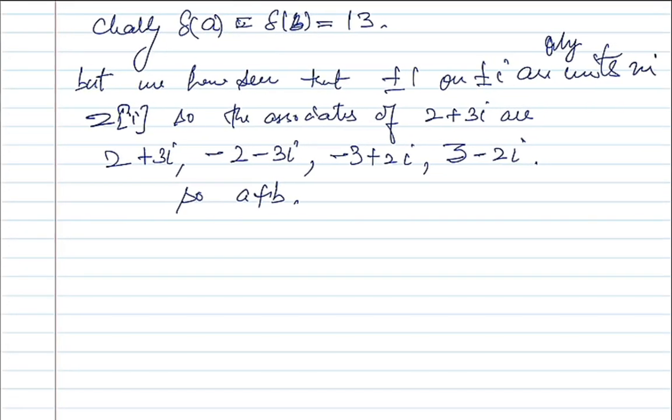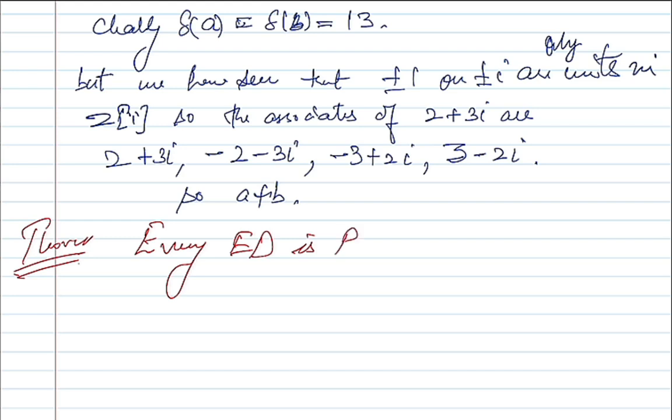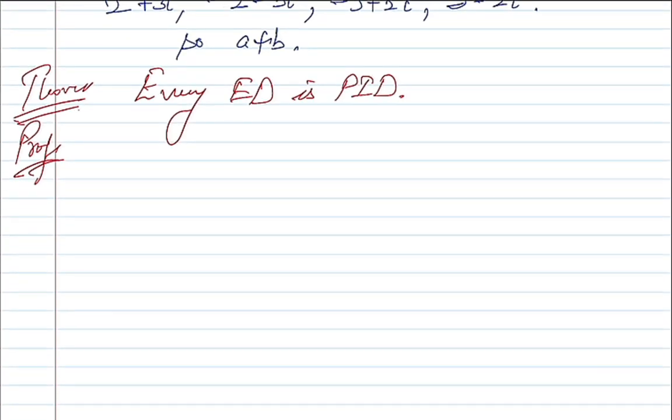Now the next result is an important one. Every ED is a PID. Every Euclidean domain is a principal ideal domain. So let us try to prove it. Let R be an ED with valuation delta.